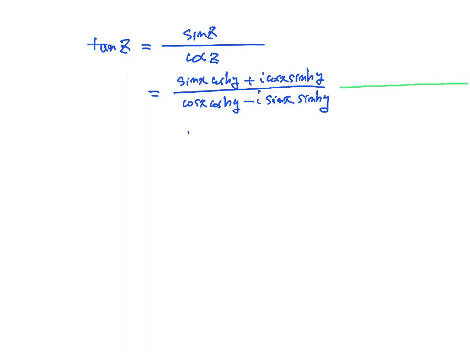Cosine x cosine hyperbolic y minus i sine x sine hyperbolic y, over cosine x cosine hyperbolic y plus i sine x sine hyperbolic y.